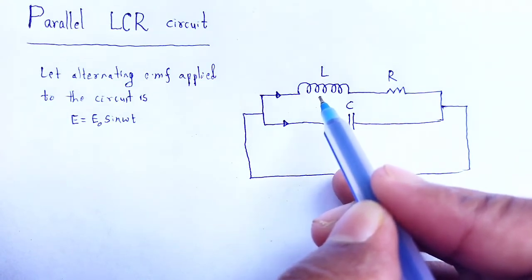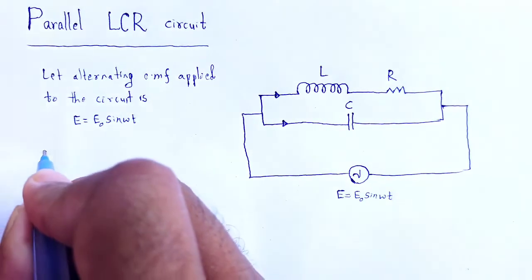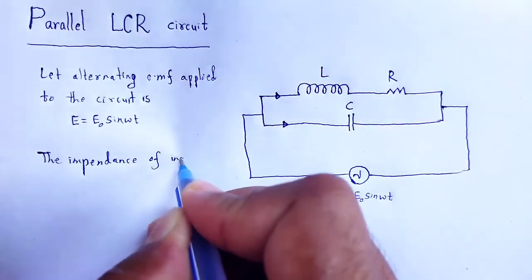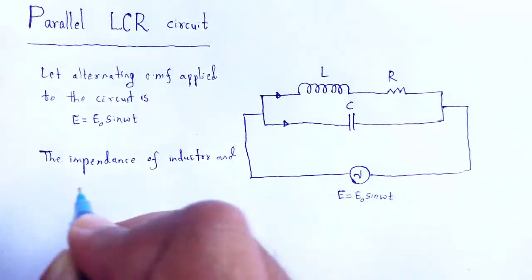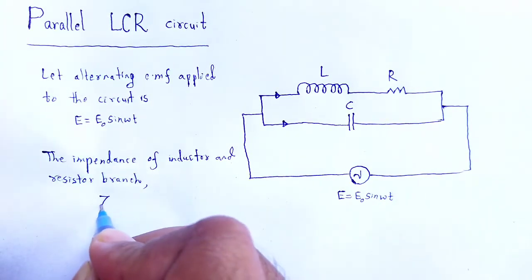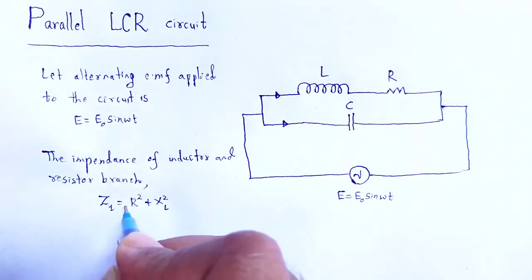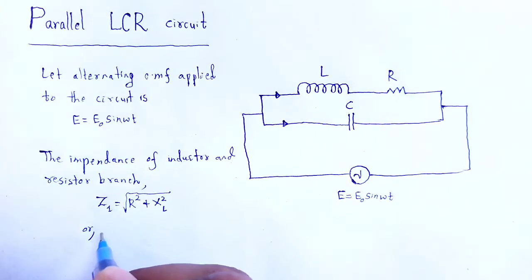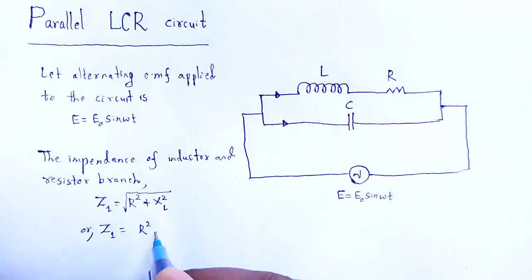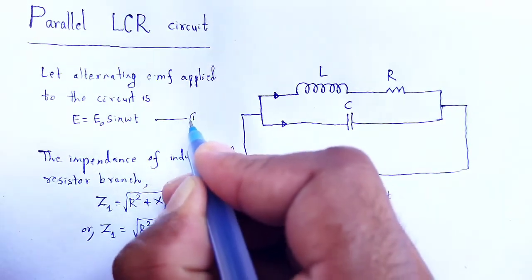Now, the impedance of the inductor and resistor branch, Z1, is equal to the square root of R square plus XL square, or Z1 is equal to the square root of R square plus omega square L square. Equation number 2.